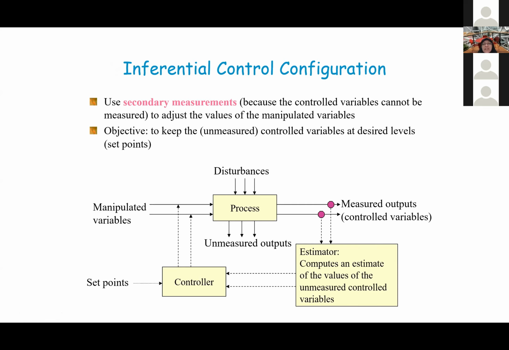We can have the sensors. But usually, commonly in the chemical industry, it's always the product quality that is problematic, such as product composition. Because product composition is normally measured using a gas chromatograph.